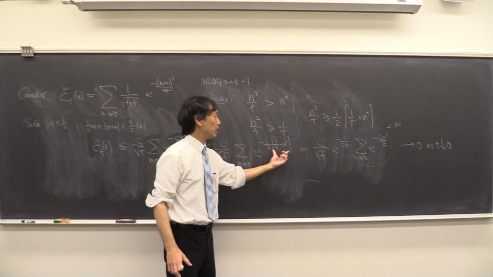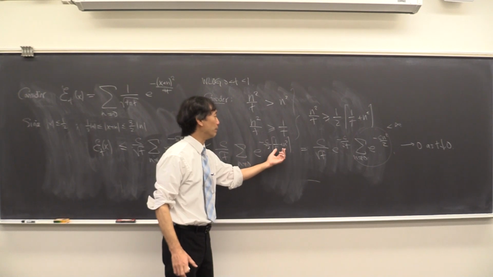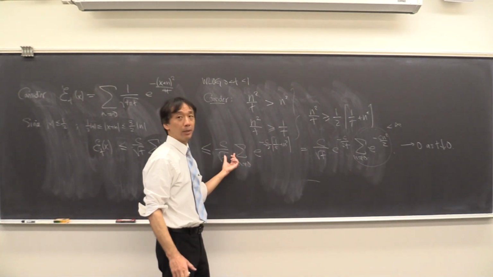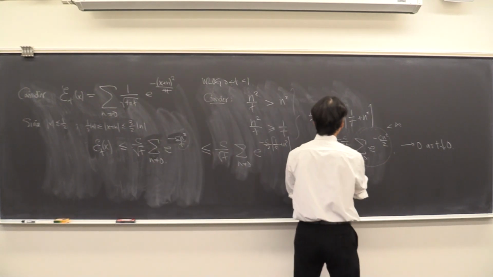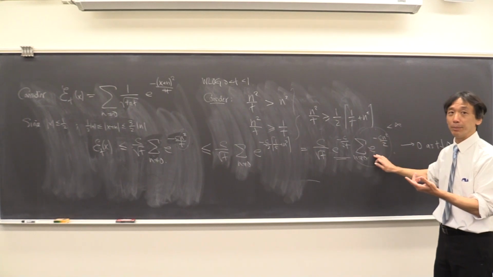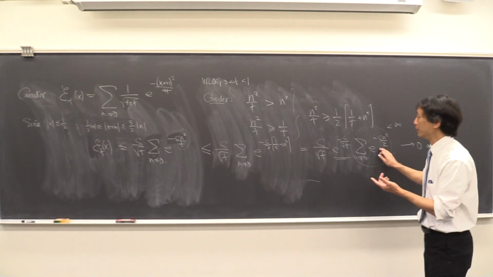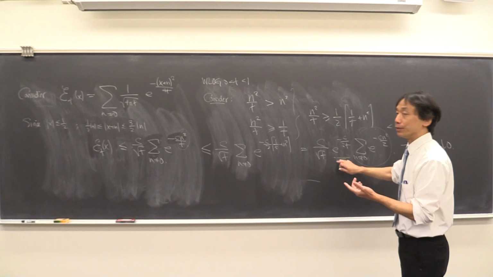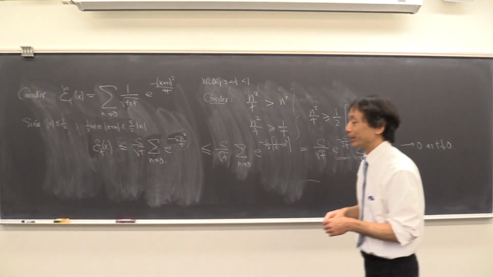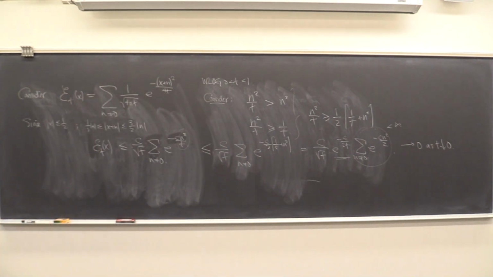Once you split the term, you can pull this constant out, and then you're left with just a finite sum. As t goes to 0, this goes to 0, and that's it. So that's why it's a good kernel.